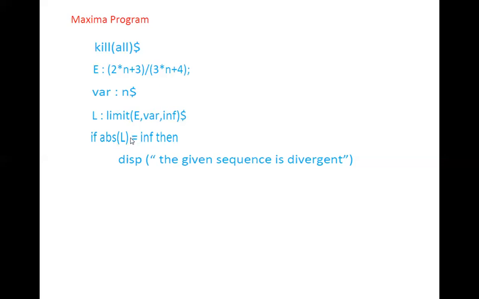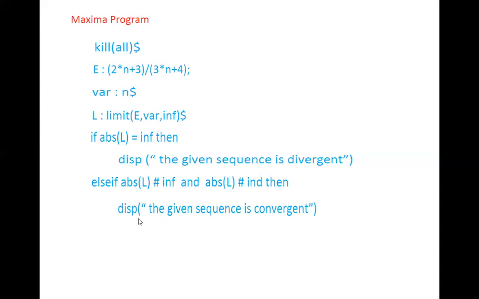For checking purposes we use equals, for assigning we use colon. Now the other option I'll give: else if absolute value of L is not equal to infinity and absolute value of L is not equal to indeterminate form, then the given sequence is convergent. Over here, hash is used for not equal to, and ind we use for indeterminate form.